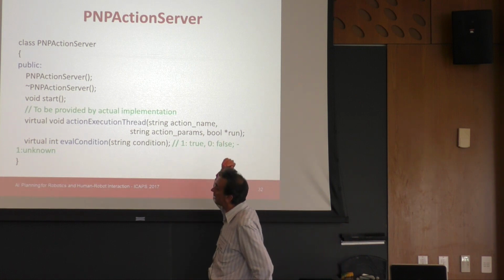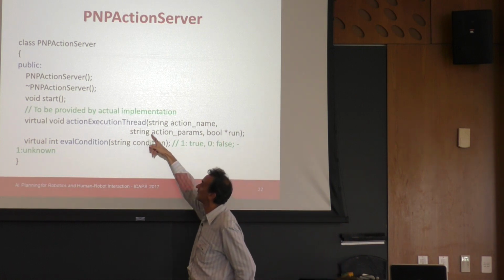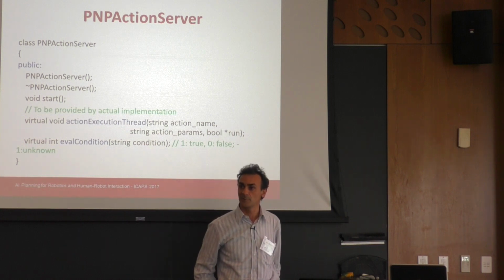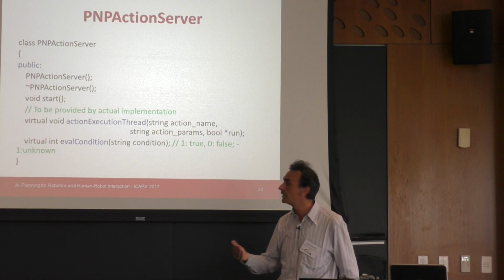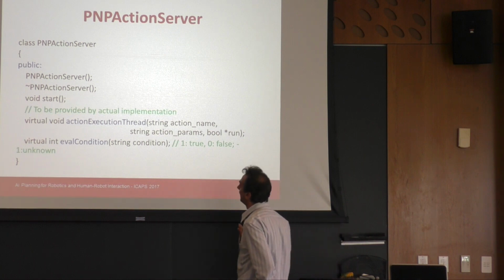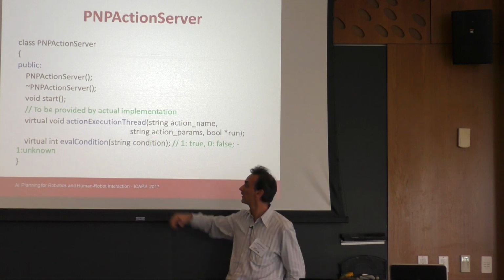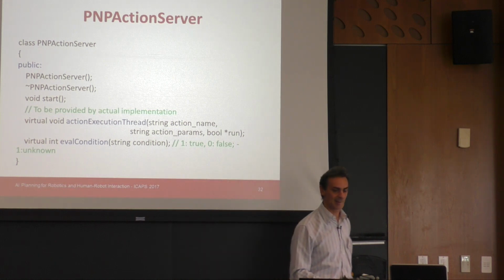There are some functions. What is important is the action execution thread and the eval condition. So you need to provide an actual implementation of how the actions are executed and how the conditions are evaluated.